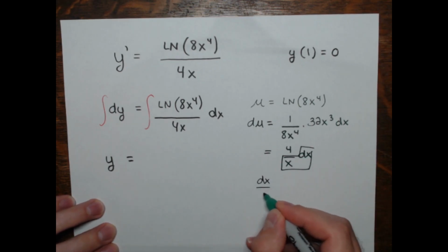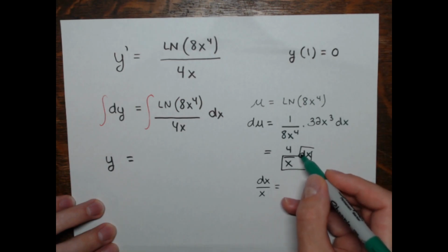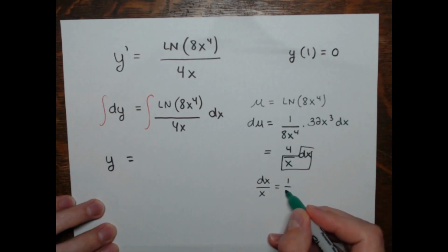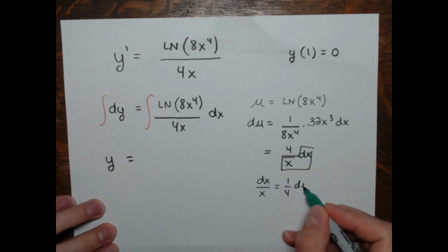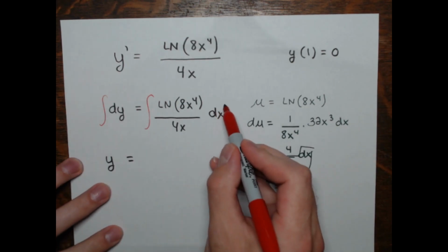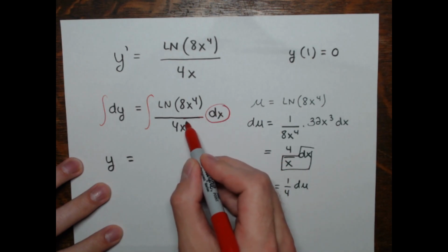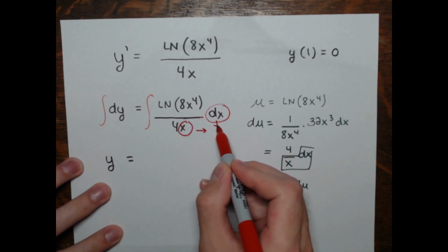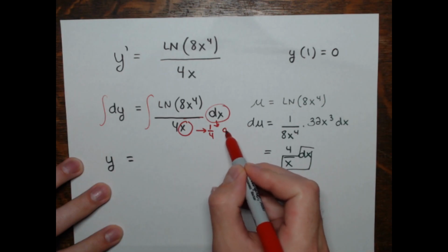Well, do you see the dx over x? So dx over x would be a quarter du. And in the integral here, there's dx over x. So that's going to be a quarter du.